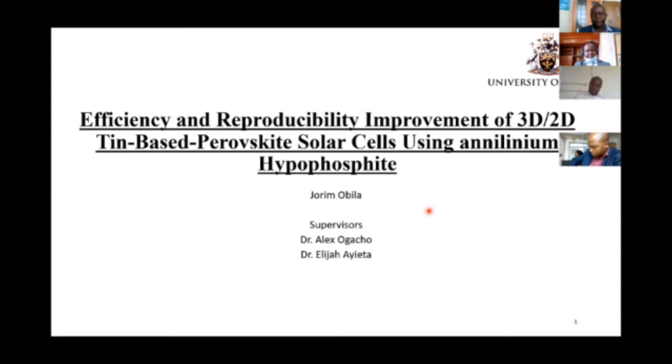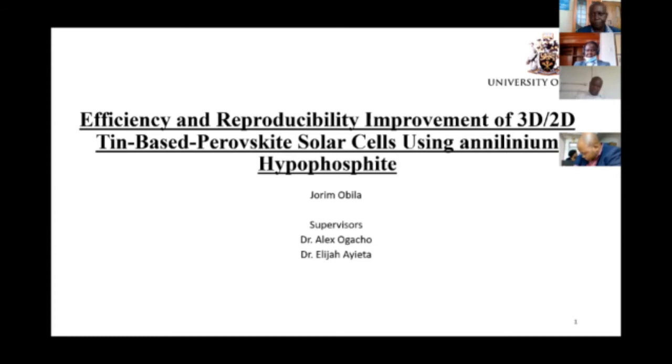So I'm Jorim Obila from the University of Nairobi. My supervisors are Dr. Alex Ogacho and Dr. Elijah Ayeta, both from the University of Nairobi. I'll be talking about efficiency and reproducibility improvement of 3D/2D tin-based perovskite solar cells using anilinium hypophosphite.